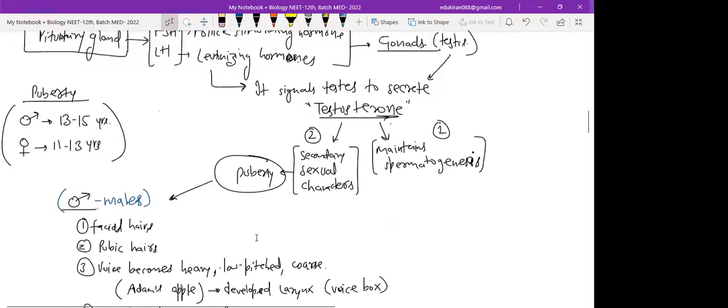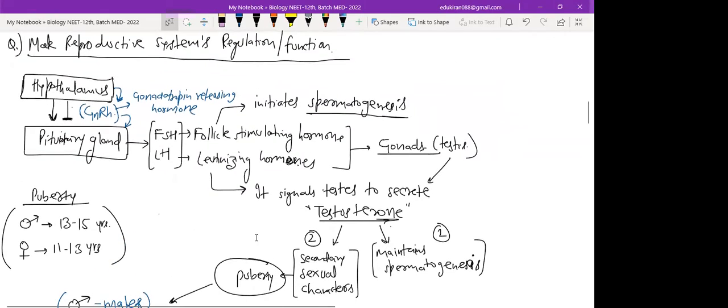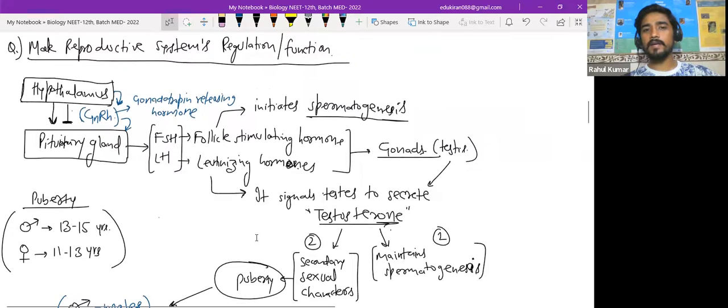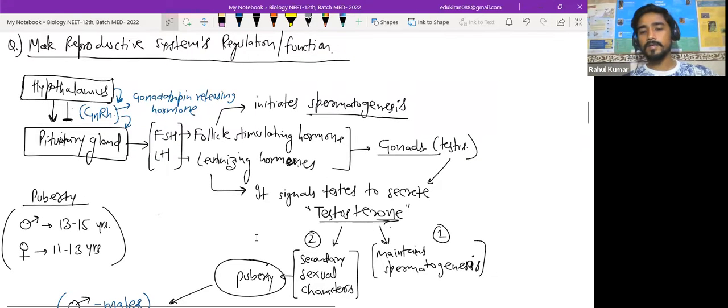But sir, isn't that what is given in the textbook? Yes, it is given in the textbook, but they also talk about testosterone in the textbook, for secondary sexual characters during puberty and even maintenance of spermatogenesis. So androgens is not just one hormone, but the most important one among the androgens is testosterone.